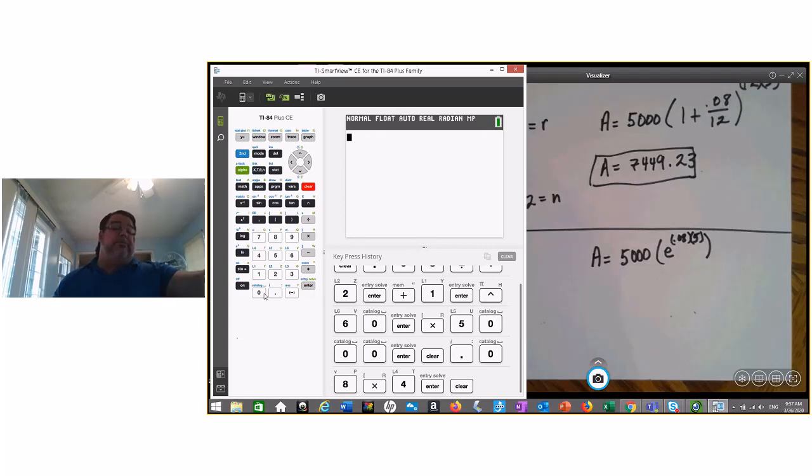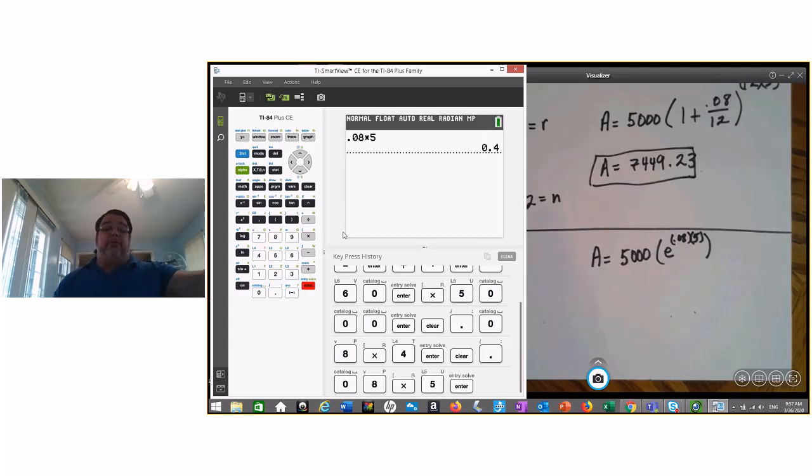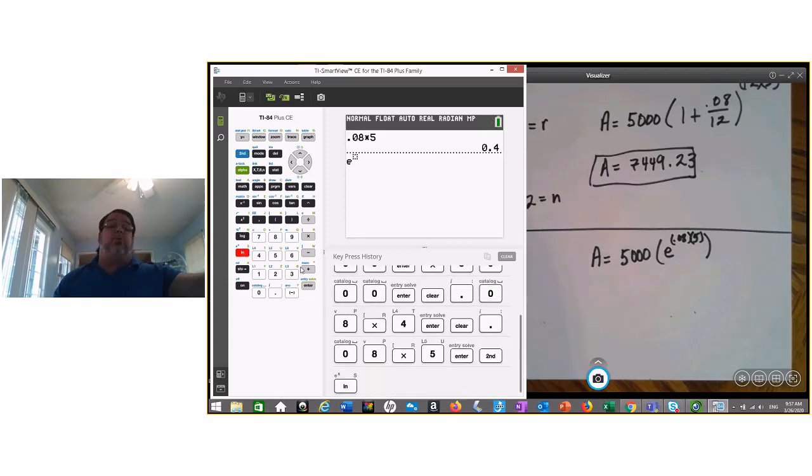0.08 times 5 should be 0.4. There we go. So e to the 0.4. So type in second, natural log, e to the 0.4 times 5,000.